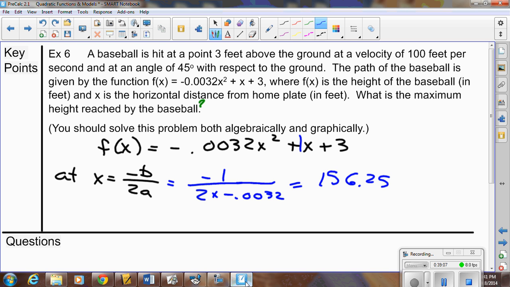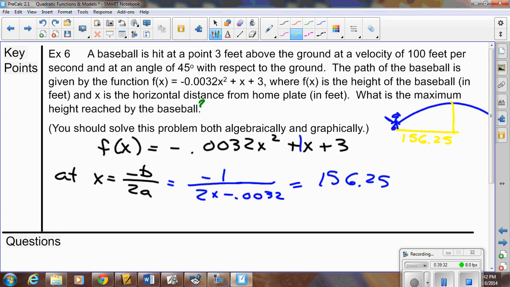This is the x value where it's going to reach its maximum height. That's saying when we have the guy standing here, there's his bat, and the ball is hit, this maximum peak is coming 156.25 feet away.